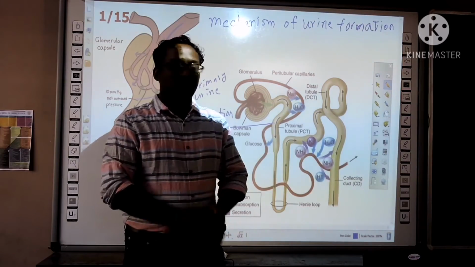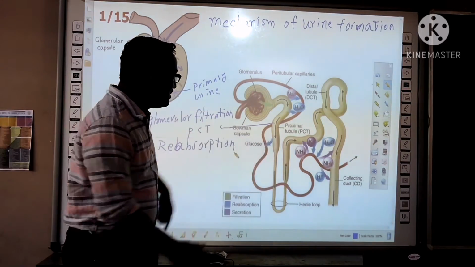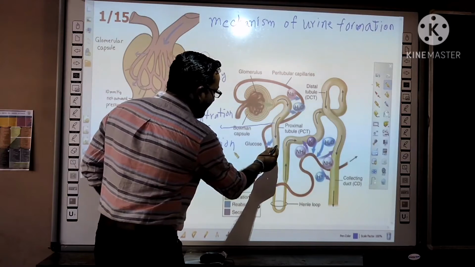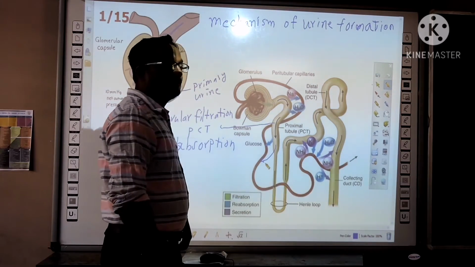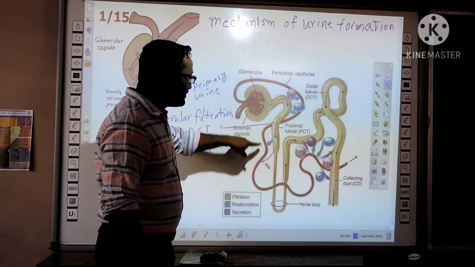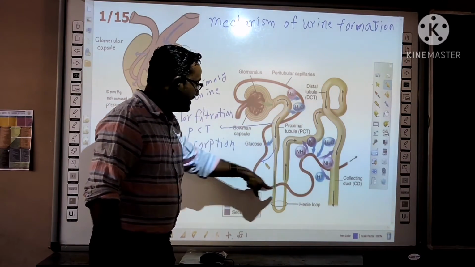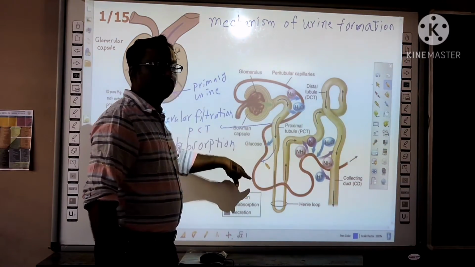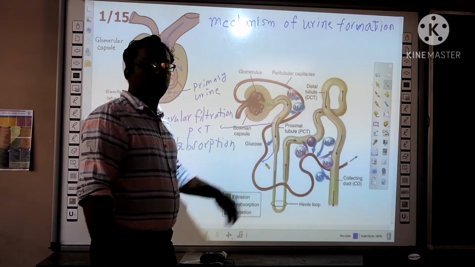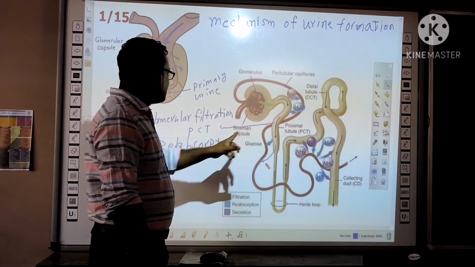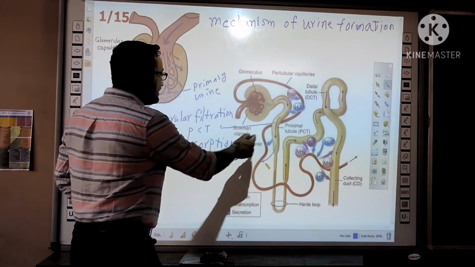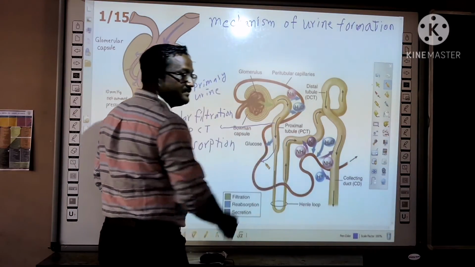So in this tubular reabsorption, the important molecules are absorbed by the peritubular network from the PCT. What do they usually absorb? Water. In the PCT region, 75% water is reabsorbed.